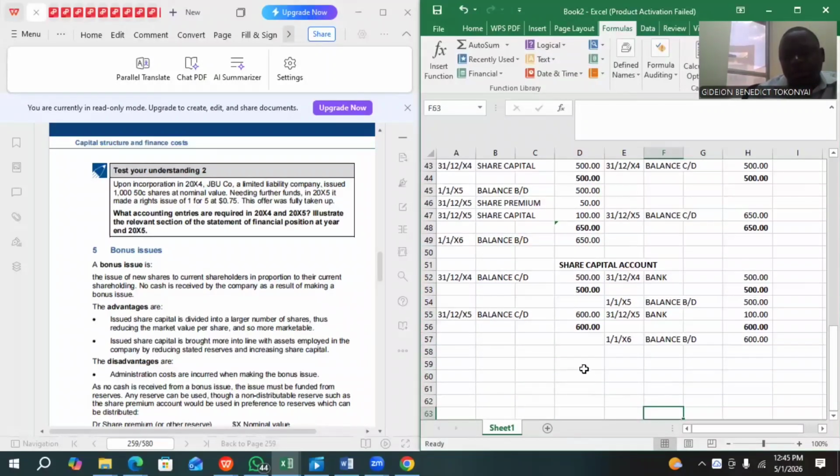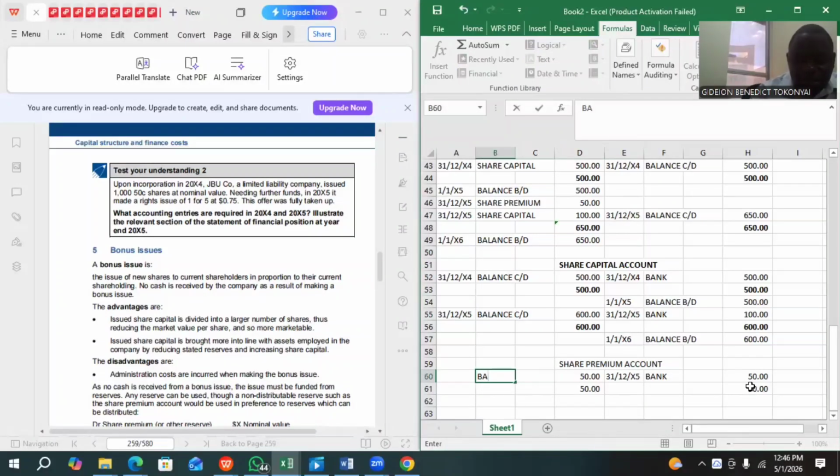Then last, we open the share premium account. For this share premium account, we have created it with the bank on 31 December 20X5 with an amount of 50. That was the only entry, so you should balance off the account. The 50 on the debit side represents balance carried down.